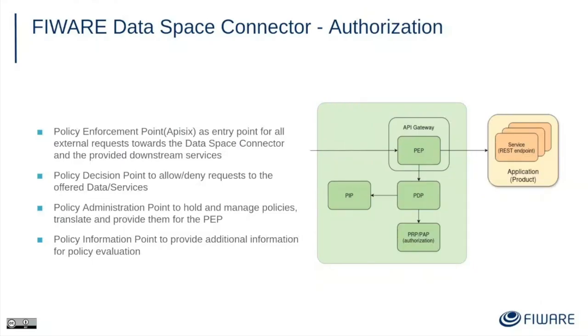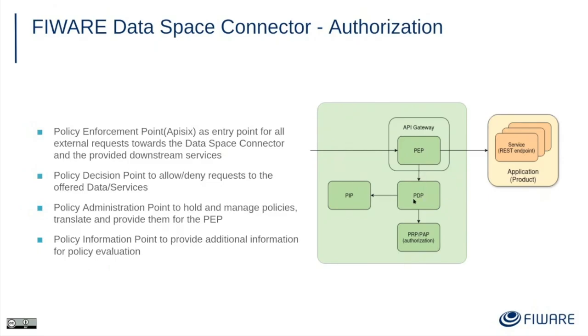Be it the downstream applications like our services that we're offering, like the data sets, but we're also using it to secure stuff like our catalogs and so on. The policy enforcement point itself does not do much beyond routing and requesting a decision on policies.